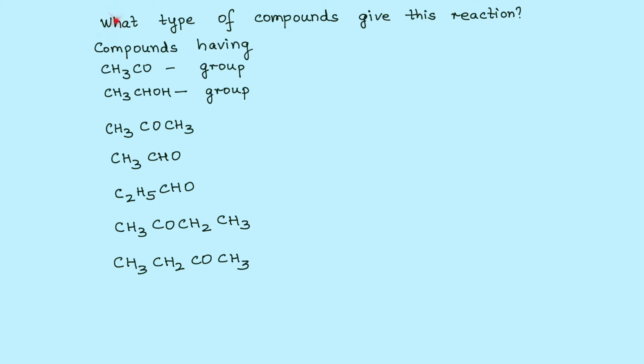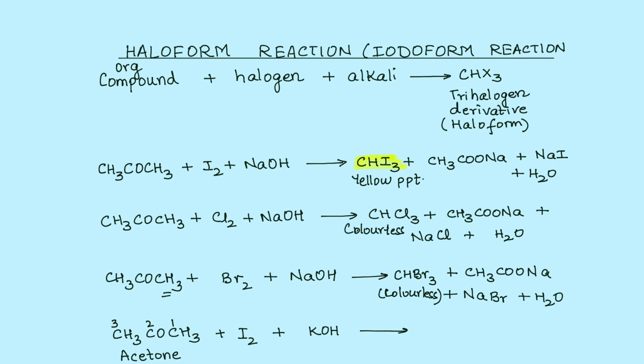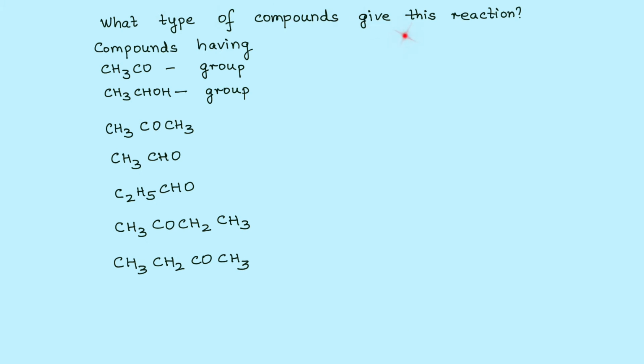The next question that comes up is what type of organic compounds will give this reaction. So here I told you that we take an organic compound and react it with halogen. But what type of compounds in particular? We know that organic chemistry is very, very specific. So remember, there are two categories of compounds which give this particular reaction: compounds having the CH3CO group and compounds having the CH3CHOH group.